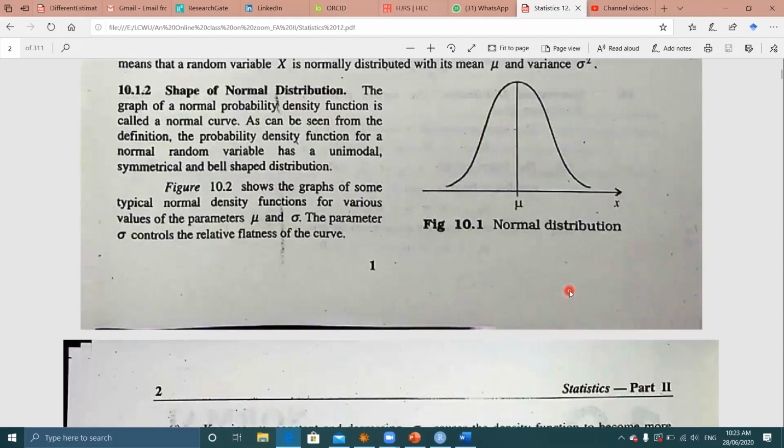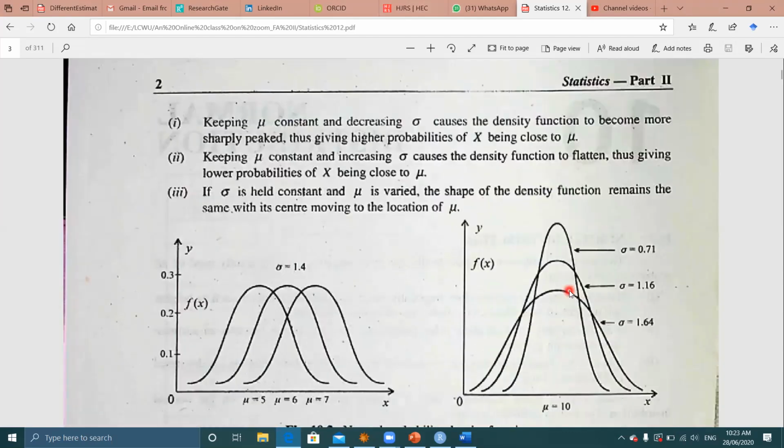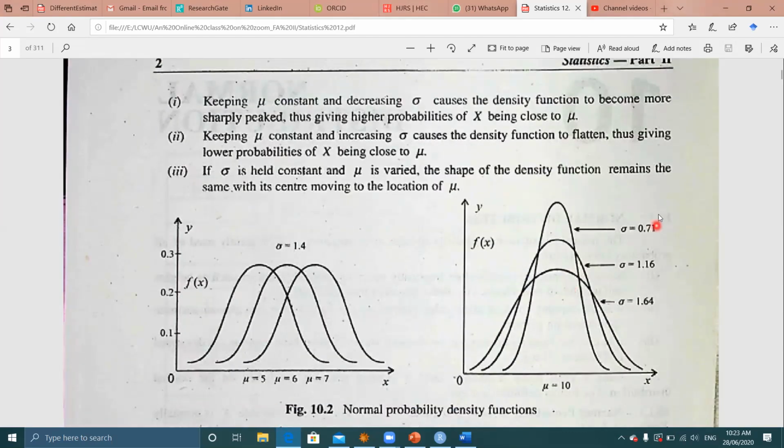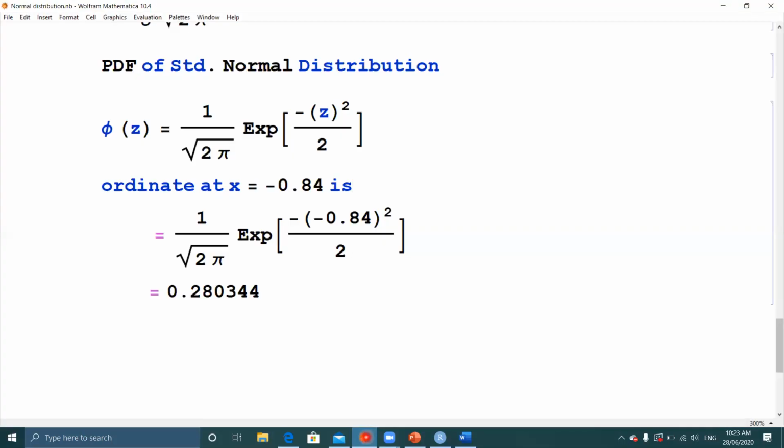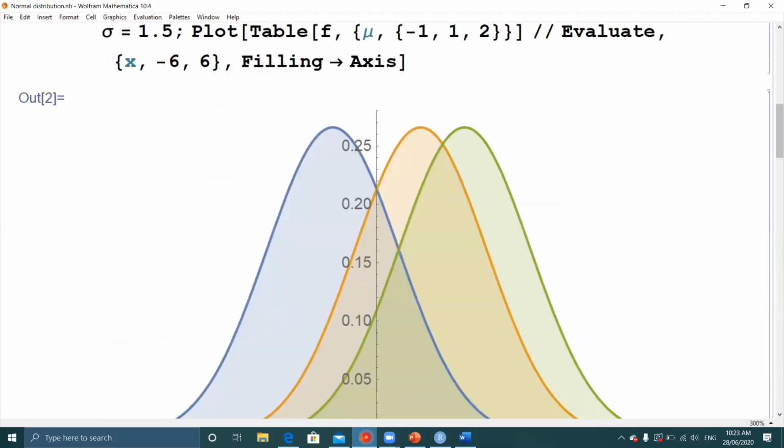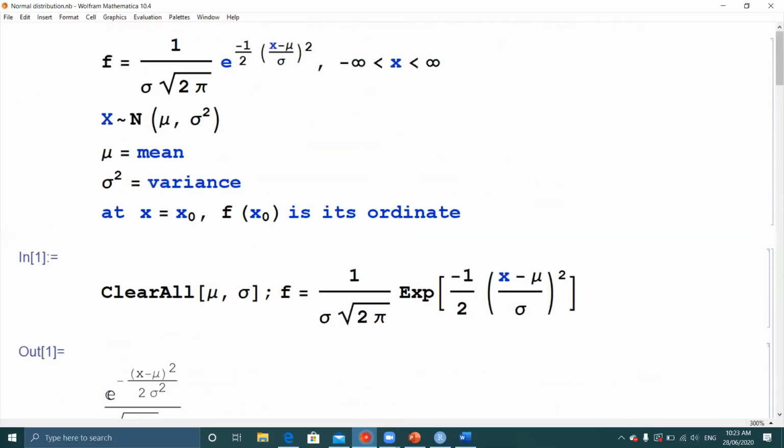Next are these two figures. We studied it. Sigma is different for these two or three types of distribution. We can study it in such a way that you can understand it better. First one is the density function. These are the parameters of the distribution.